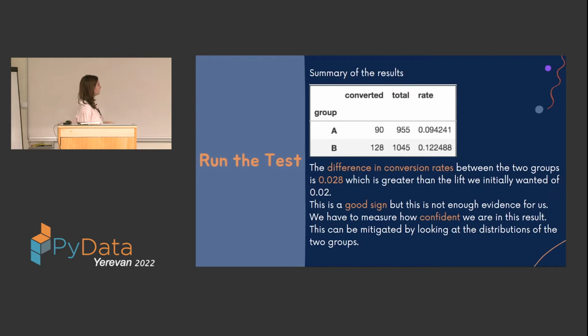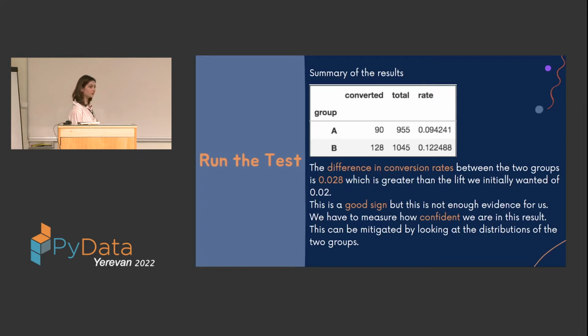The descriptive statistics of our users: 90 users converted from variant A, 128 from B, and the conversion rate you can see in the last column. When we look at the conversion rates, we see that our desired 0.02 is actually exceeded; it is 0.028.